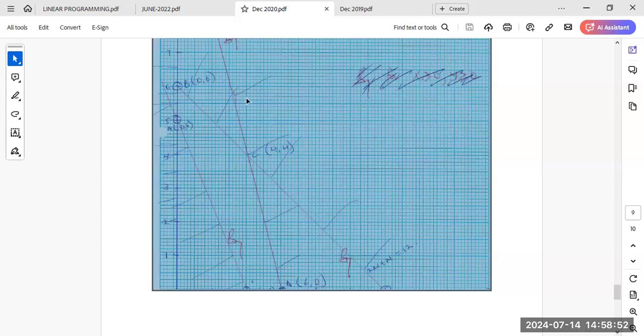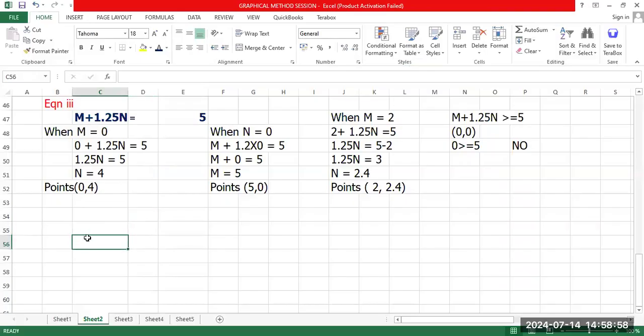So once you have those points, you come and do this. Put here vertices, create a column called vertices, then put here your objective function.